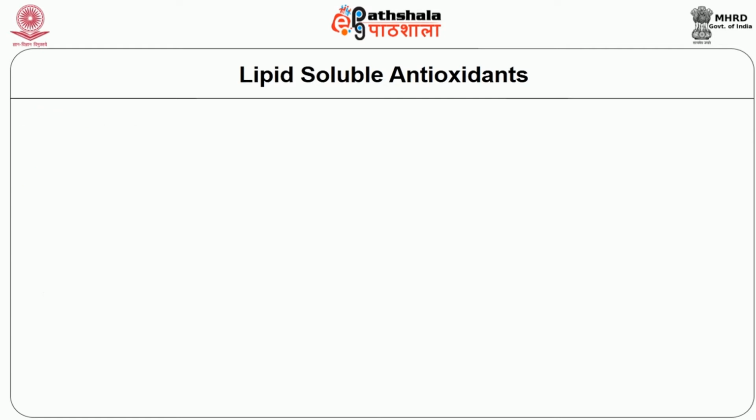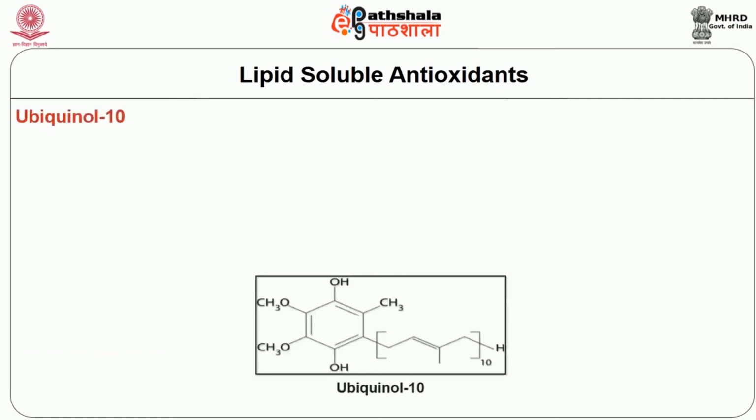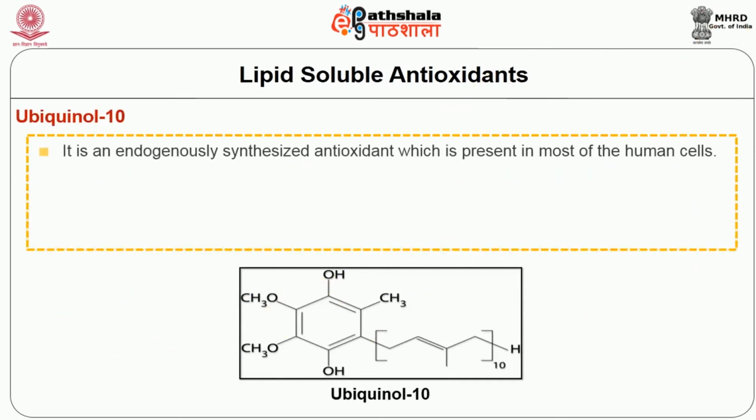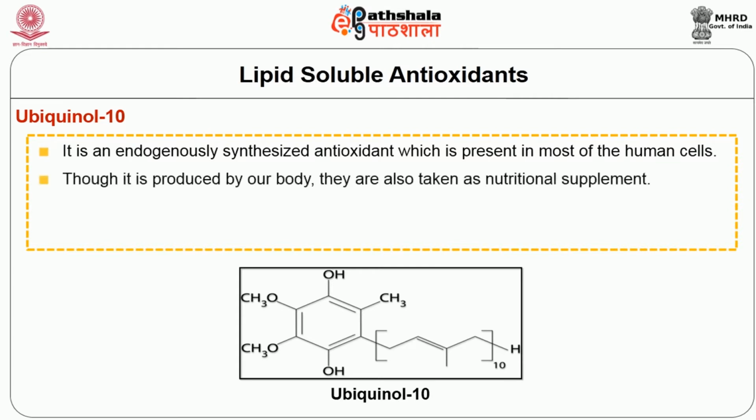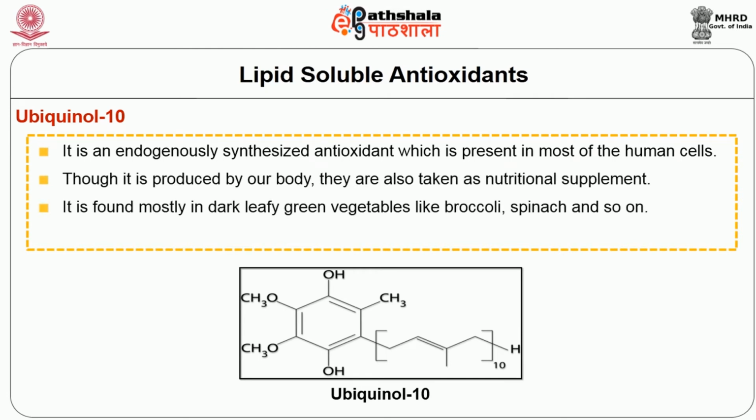The fat-soluble antioxidant ubiquinol 10 is an endogenously synthesized antioxidant which is present in most of the human cells. Though it is produced in our body, it is also taken as a nutritional supplement. It is found mostly in dark leafy green vegetables like broccoli, spinach and so on.